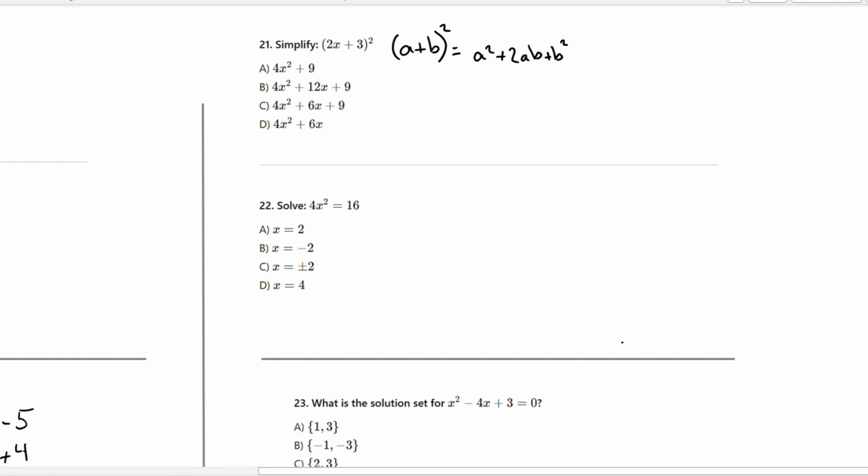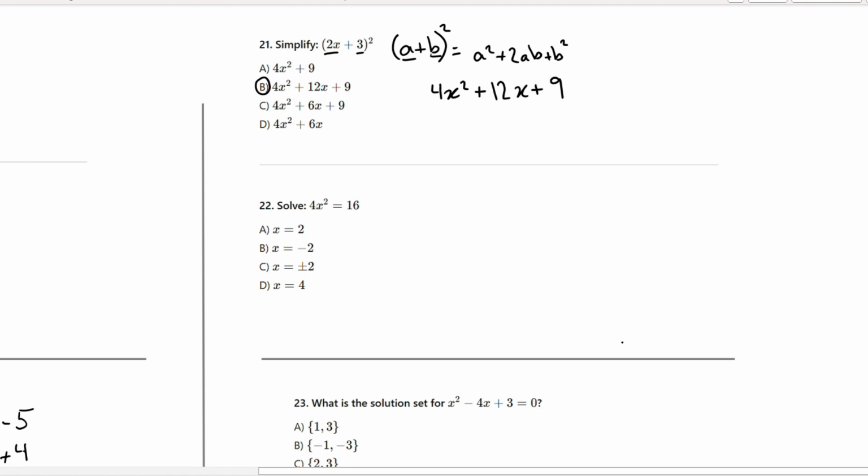In this format, 2x is a and 3 is b. So a squared, or 2x squared, would be 4x squared, plus 2 times a times b. So 3 times 2x is 6x, times 2 is 12x, plus b squared. 3 squared is 9. So the answer to this would be B.